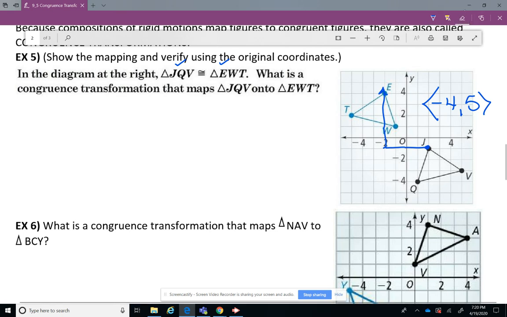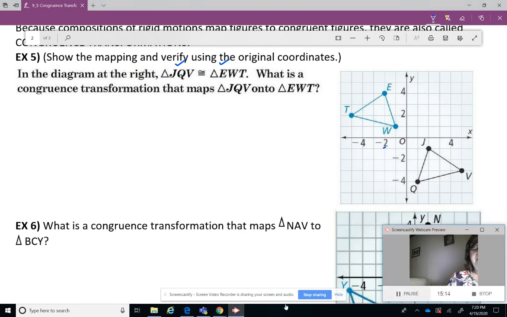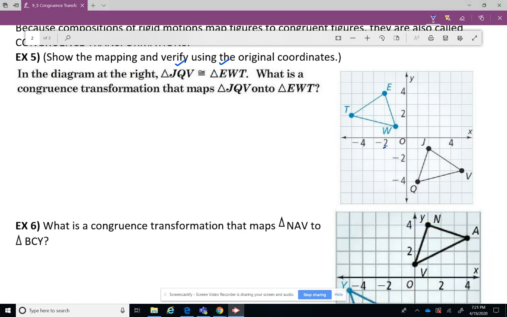Now, if we're going to do each one at a time, let's see what we would do. I want to translate J first. All right, so as I was looking at this one, even though I can translate J to E, if I wanted to do Q and W, it's not going to be the same.